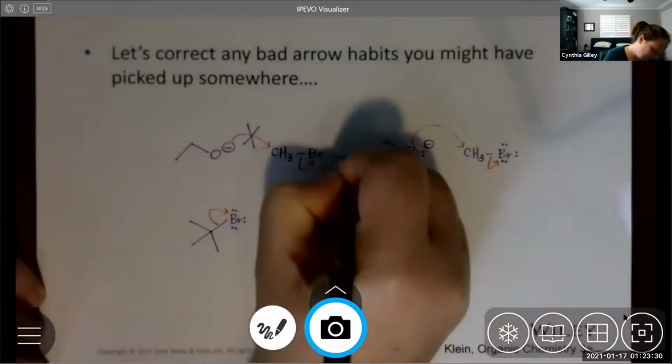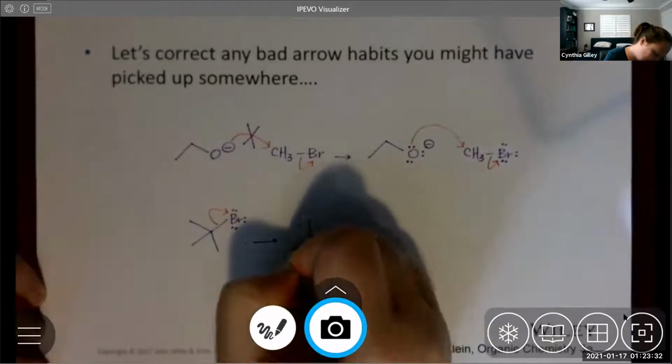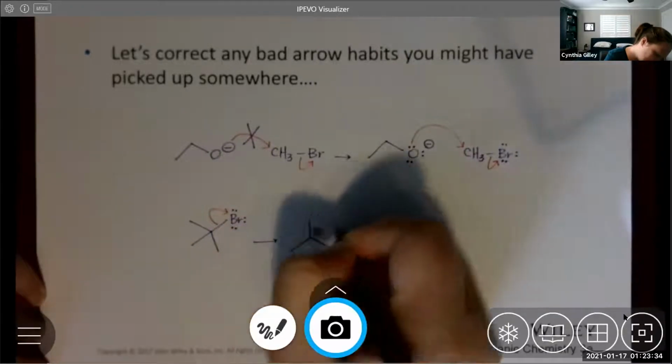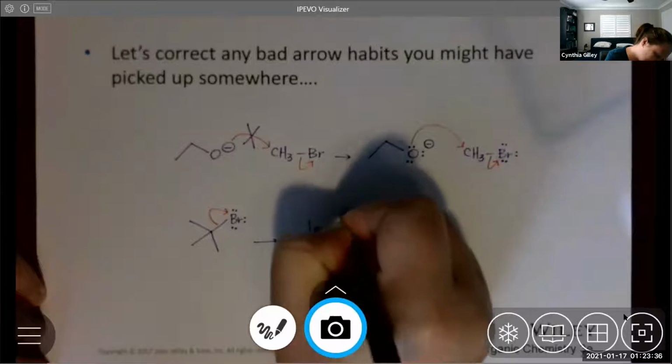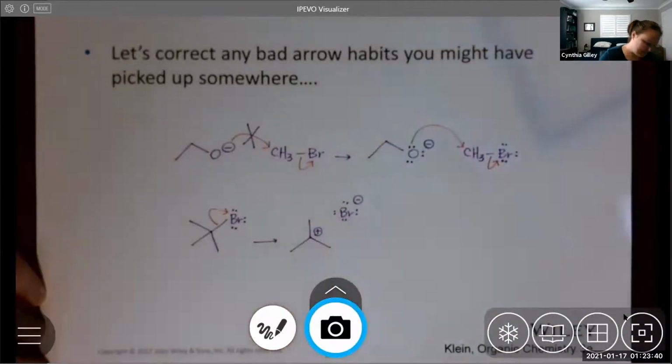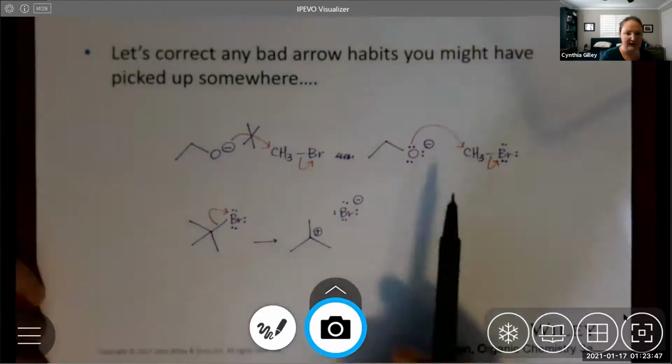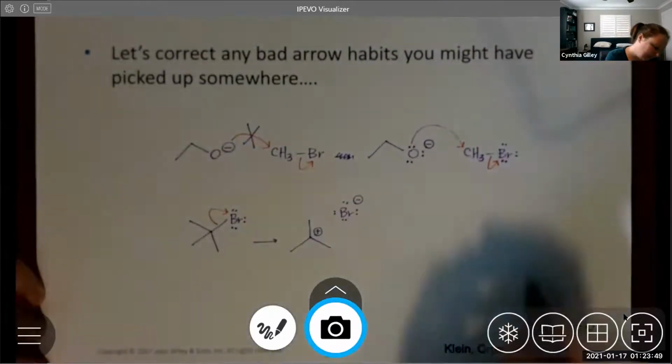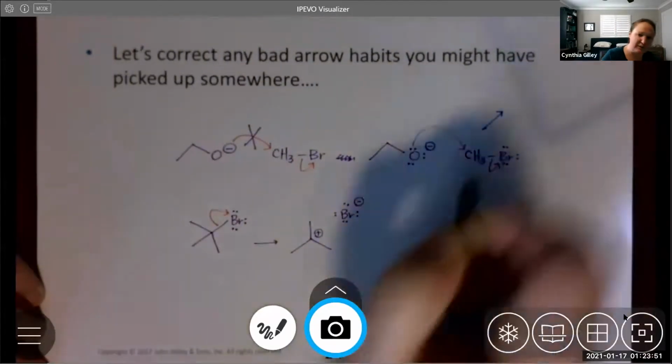So this would, for example, form a tertiary carbocation and a bromide ion. And I suppose I should have, oops, this is not the right arrow. Those are just two different ways, the correct way and the incorrect way, right? And then this would form, I should have drawn the products for you.